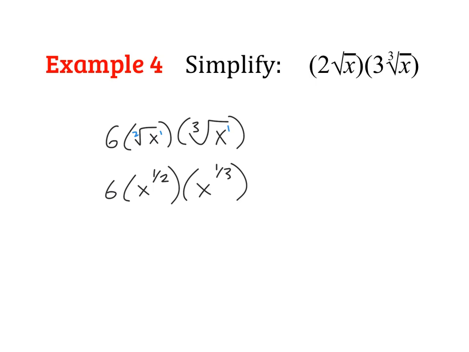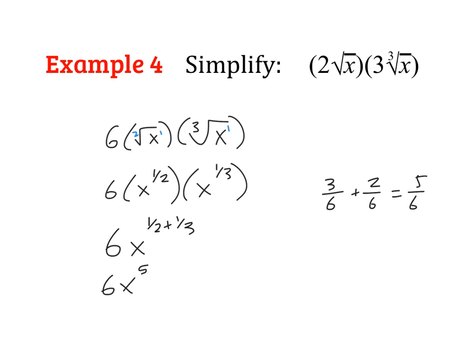So now, since I have a common base, I can actually multiply these two terms. I can do 6 times x to the power of 1/2 plus 1/3. And you can always go on the side and add up those fractions. 3/6 plus 2/6 is 5/6. So our final answer is 6x to the power of 5/6.